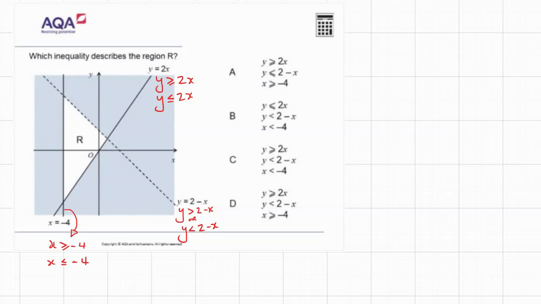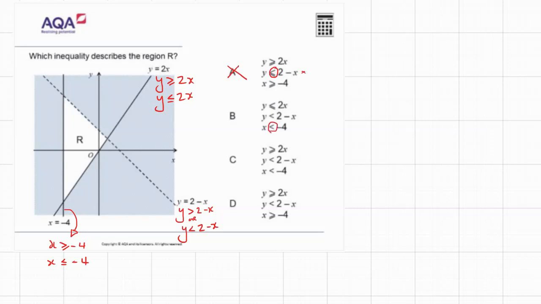Let's go through and check if we can just eliminate any straight away. So that inequality seems okay. They've done a dotted line. If this second one was to work here, we would want that to be a block line, which they haven't drawn. Okay, let's go down.